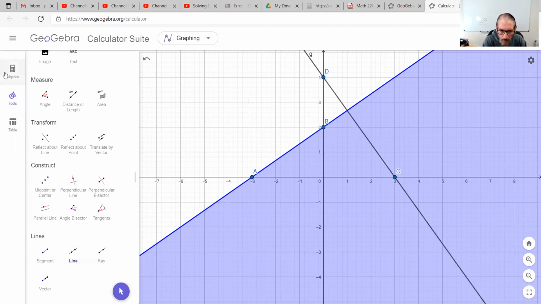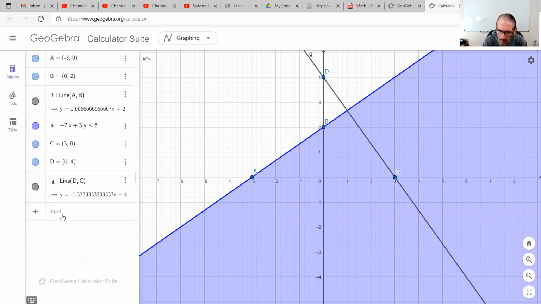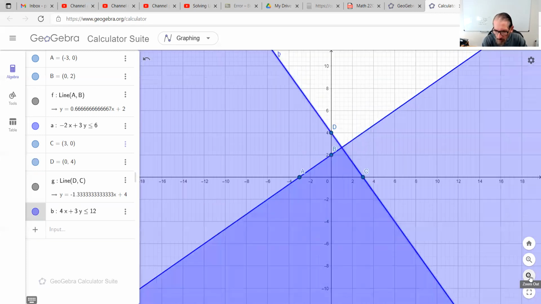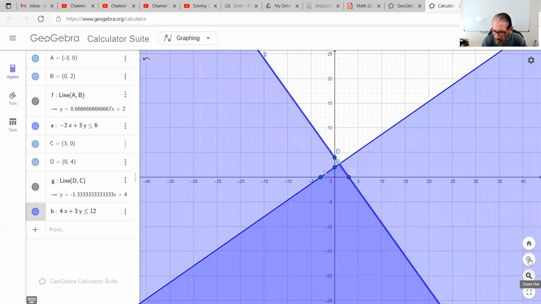All right, getting our shading, it should be towards the origin. Our inequality, let's see what that was again, 4x plus 3y less than or equal to 12. All right, that is still an unbounded region.